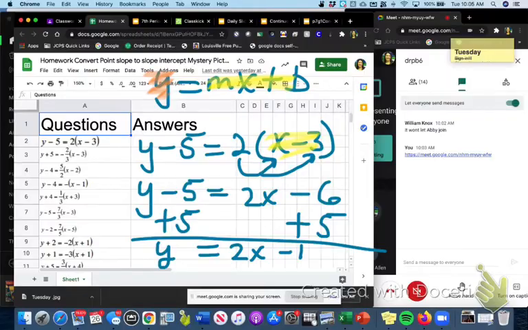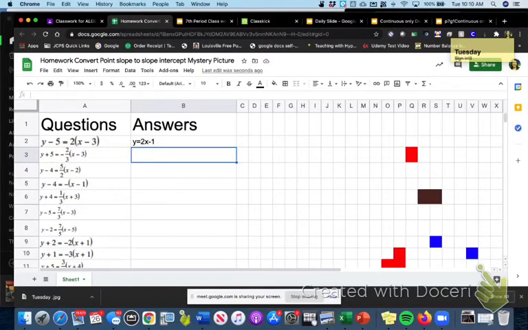So now I want to do question number 2 because question number 2 involves a fraction. We know the first thing we're going to want to do is get rid of those parentheses, which means that we're going to need to multiply negative 2/3 times negative 3, okay?